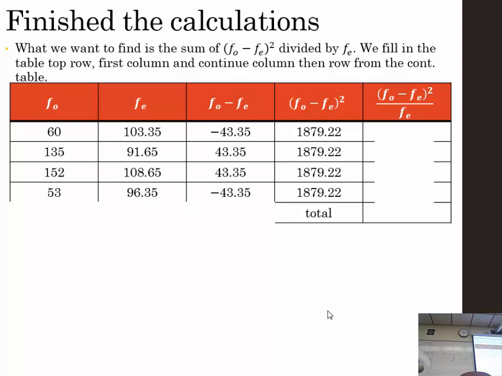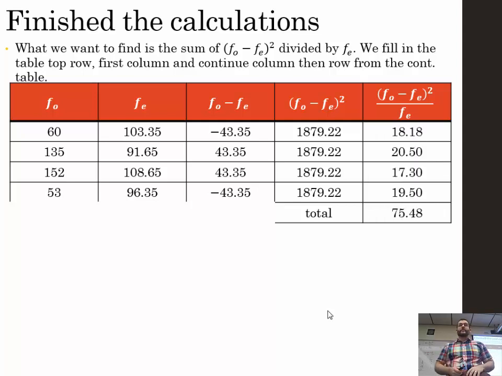And now the last step of the calculation is to take each of these values that we just calculated, 1879.22, and divide it by F sub E. But all of those are different. So these calculations will be all different. And after we finish that, we can sum it up, and that will be our chi-squared calculated. So our chi-squared calculated is 75.48.